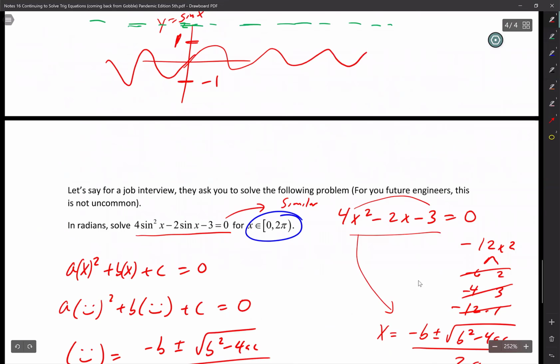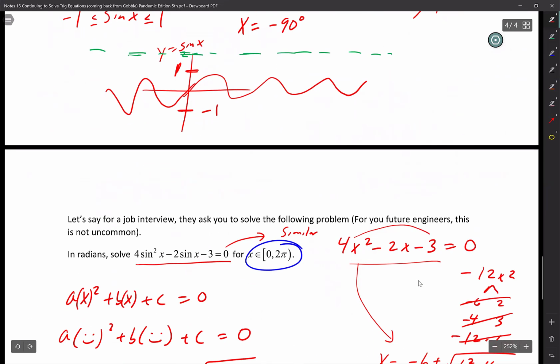Let's see if we're correct. We're just going to verify with a graphing calculator. I'm going to type that into Y2, onto Y1, and I'm going to see where I cross the x-axis. So let's go to Desmos, and we're almost done, guys.